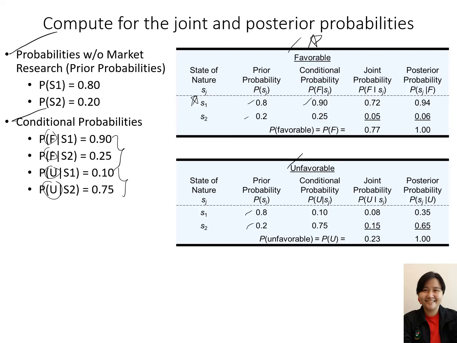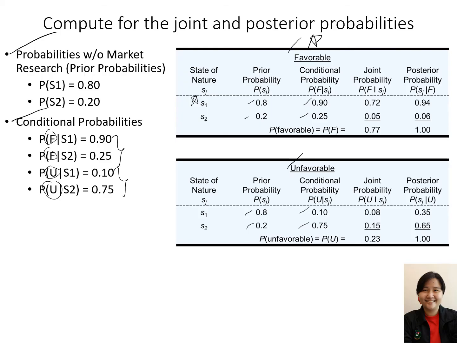The probability of F given S2 is 0.25. The probability of U given S1 is 0.10, and the probability of U given S2 is 0.75.